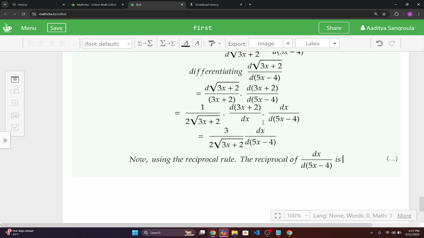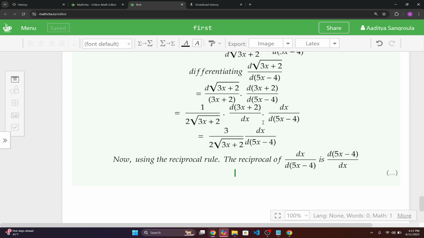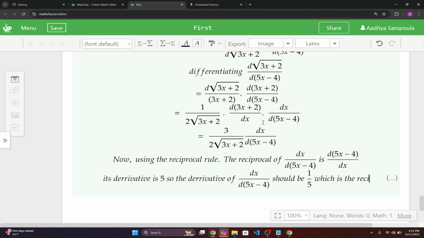The reciprocal of this is 5 minus 4 over dx, and its derivative is 5, so the reciprocal of 5.